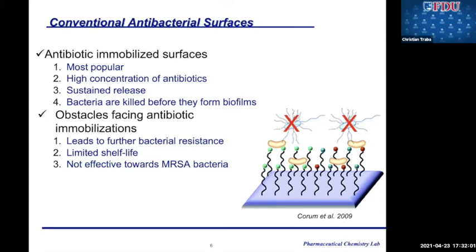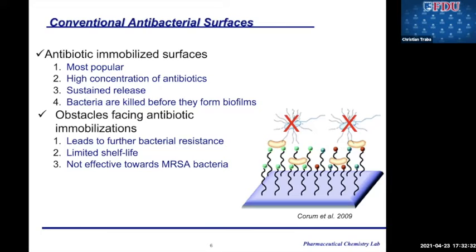Some of the obstacles facing antibiotic immobilizations are: 1, these techniques lead to further bacterial resistance and spreading of contamination due to the suboptimal exposure of antibiotics, which simply means that doctors, physicians, researchers aren't providing the patient with enough antibiotics to completely destroy the infection.